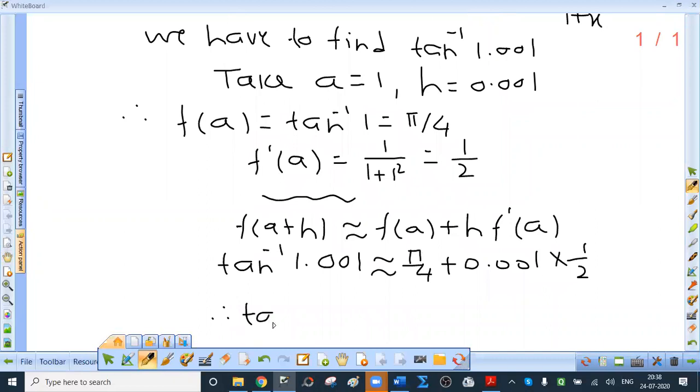So tan inverse 1.001 is approximately pi by 4 plus 0.0005. Okay, so this is the answer.